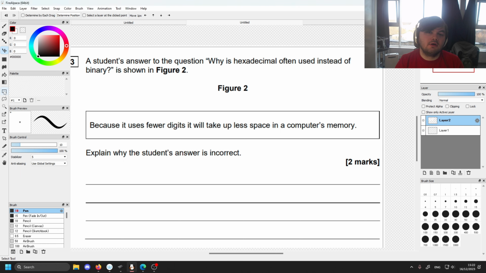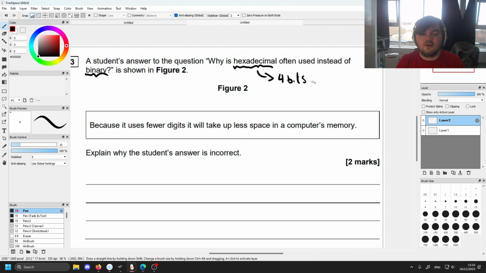Question 1.3. A student's answer to the question, why is hexadecimal often used instead of binary, is shown below: because it uses fewer digits, it'll take up less space in a computer's memory. Explain why the student's answer is incorrect. Now, hopefully you've already guessed that in a computer, all numbers are represented the same way.